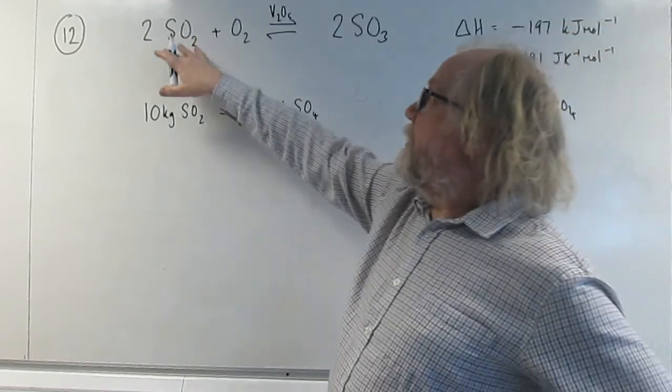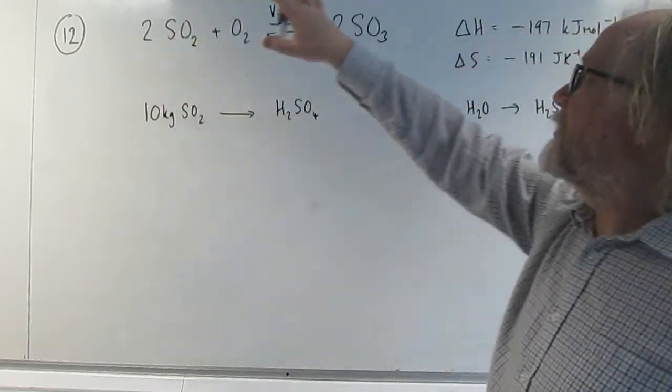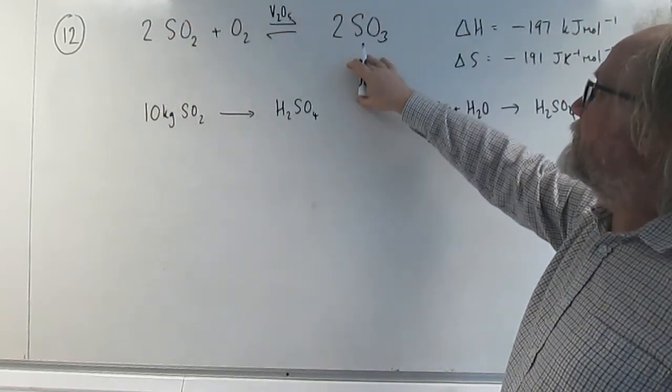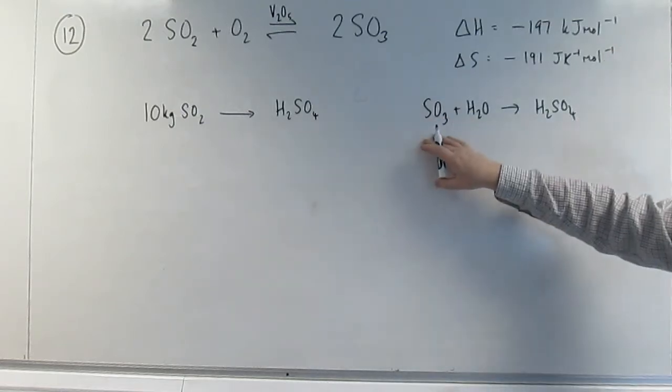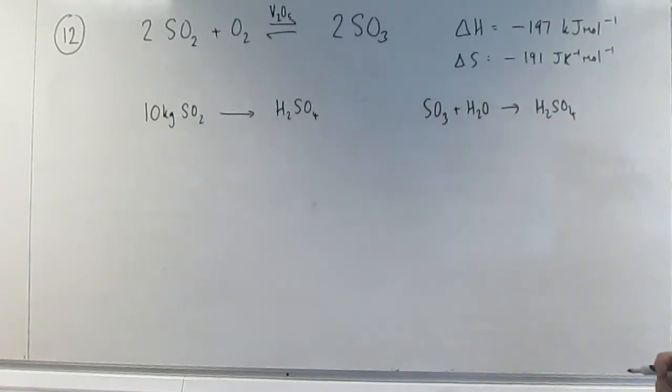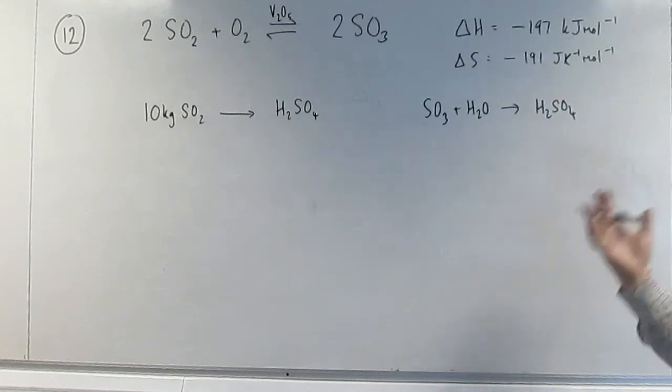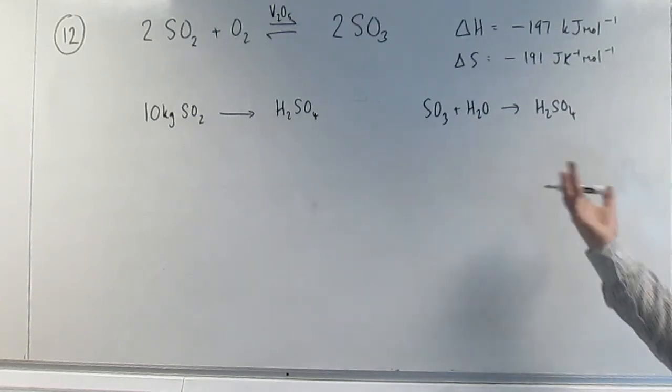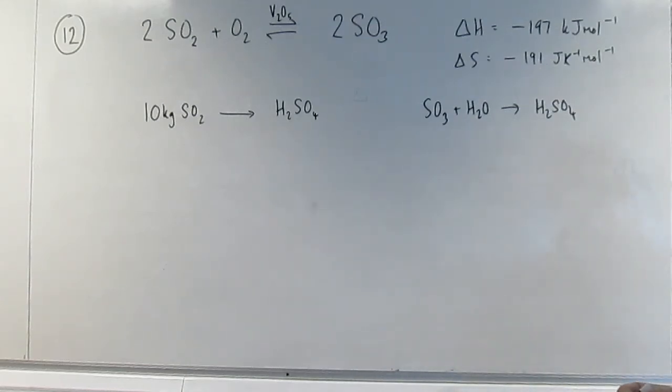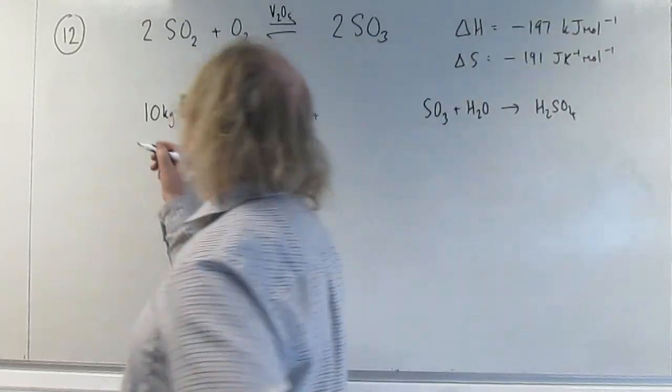So however many moles of SO2 you start off with, you should get that number of moles of SO3, and that number of moles of H2SO4. In other words, if we know the moles of SO2, that's the same as the moles of sulfuric acid we should get. So we just work that out.